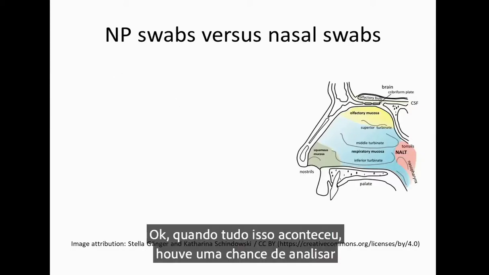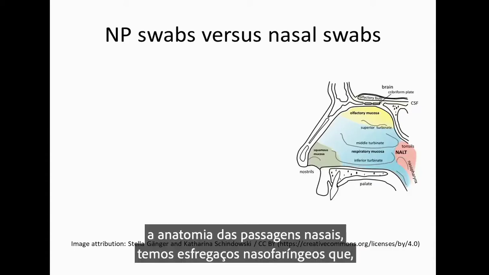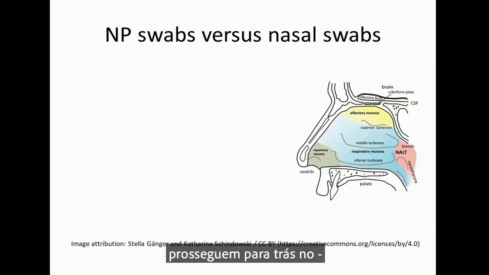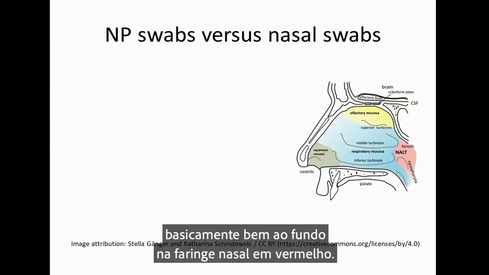Okay, when all this happened, it was a chance to review the anatomy of the nasal passages. We have nasopharyngeal swabs, which proceed all the way back to the nasopharynx, in red.